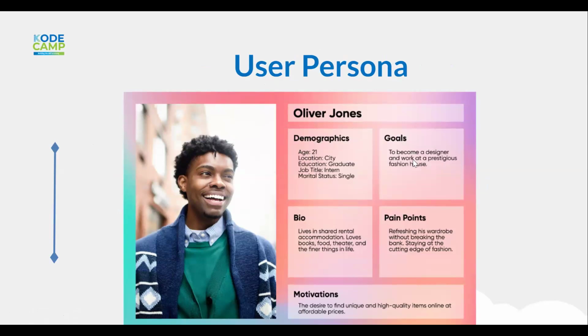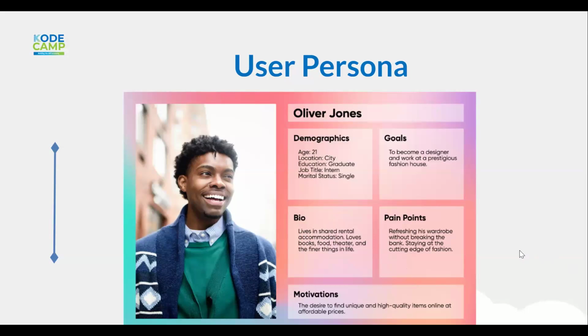Then you have his goal, to become a designer and work at a prestigious fashion house. Then his bio: lives in a shared rental accommodation, loves books, food, theater, and the finer things in life. His pain point, that's his frustration, is refreshing his wardrobe without breaking the bank and staying at the cutting edge of fashion. Then below, you also have his motivation.